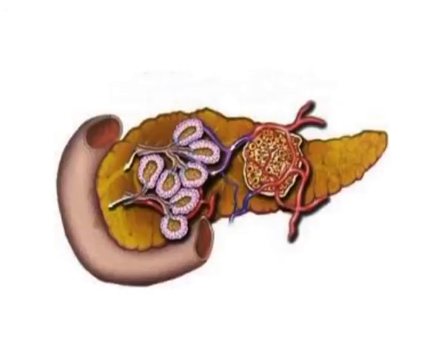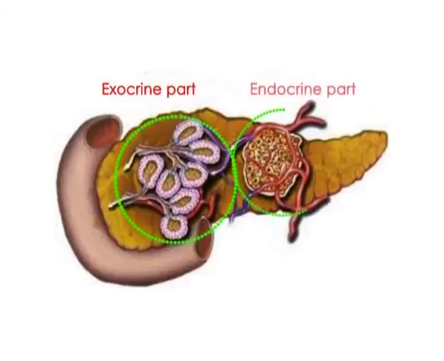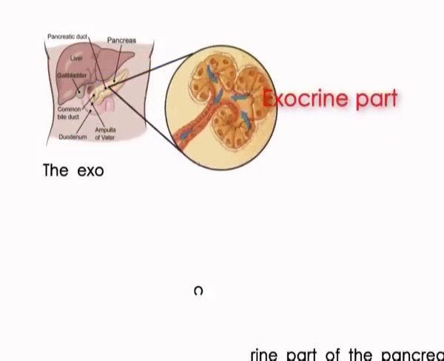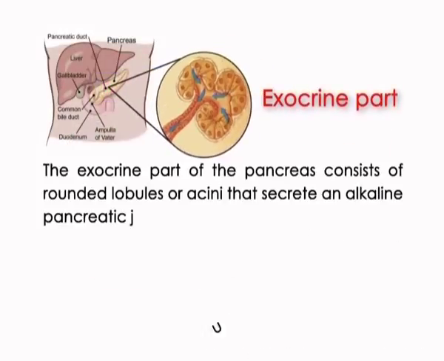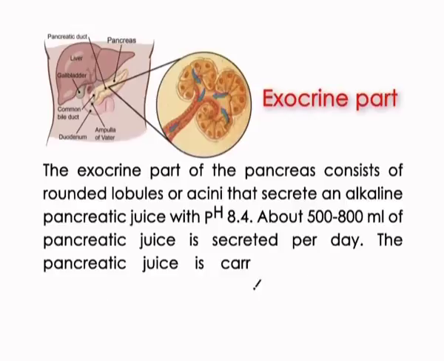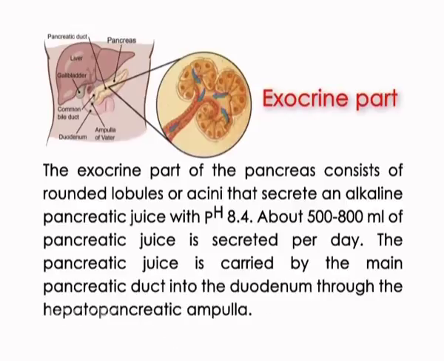It consists of two parts, number 1, exocrine part, and number 2, endocrine part. First one, exocrine part. The exocrine part of the pancreas consists of rounded lobules or acini that secrete an alkaline pancreatic juice with pH 8.4. About 500 to 800 ml of pancreatic juice is secreted per day.